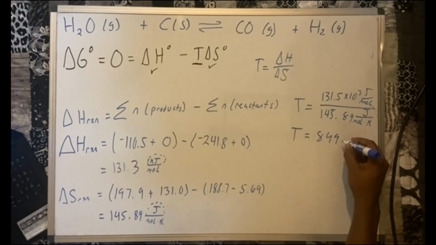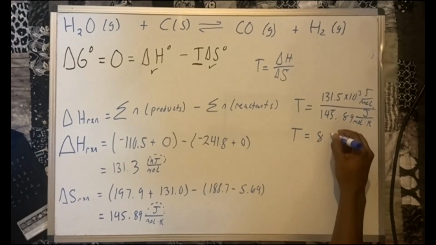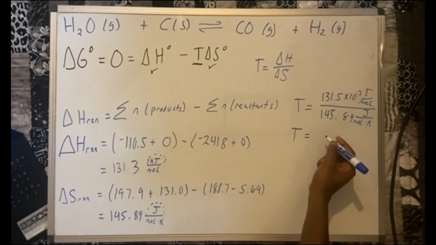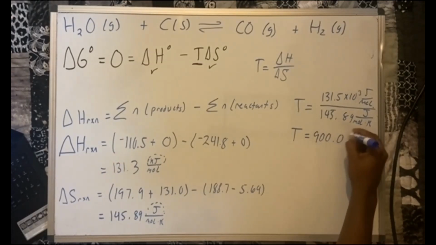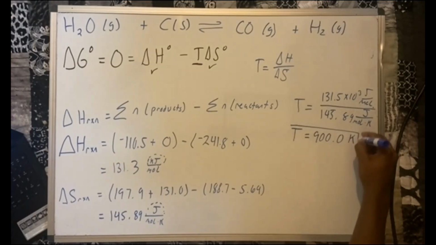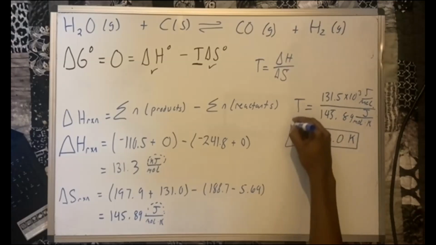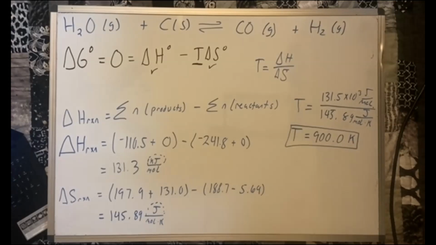Oh, 900. How many sig figs do I want? I'll do 4. 900. So there's the temperature. It starts to favor our products if I did that right. Let me double check.